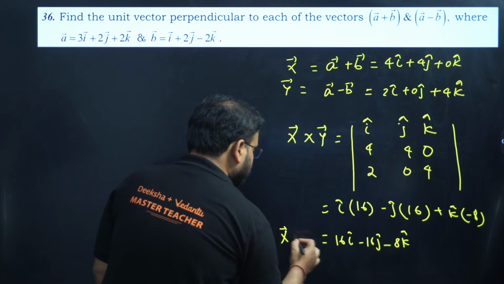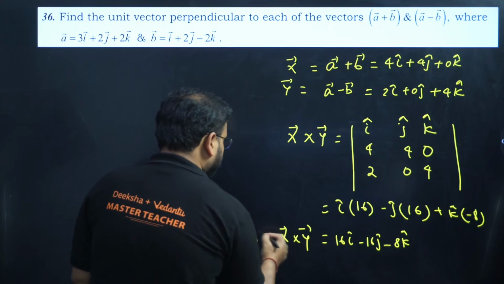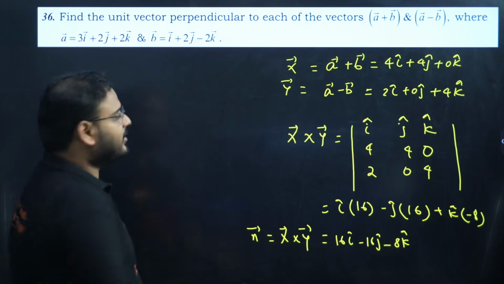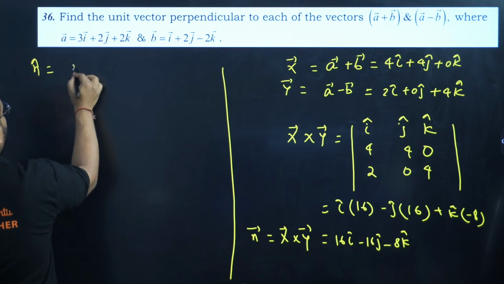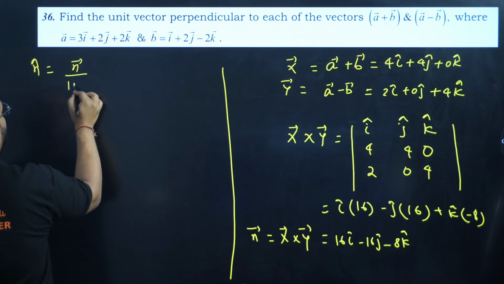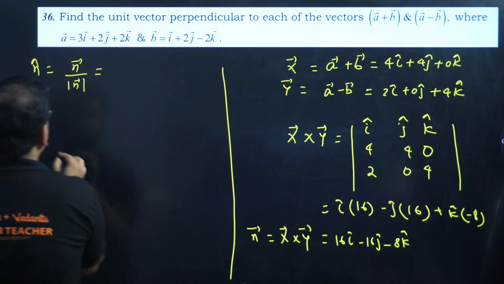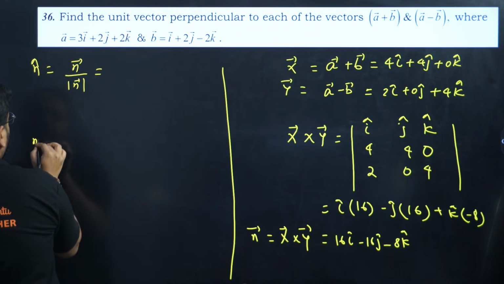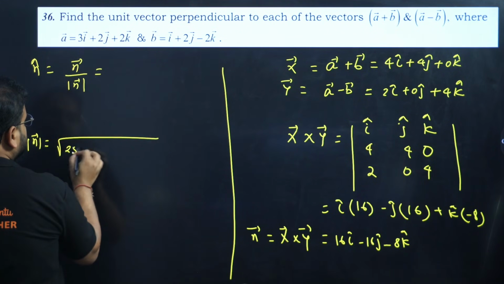of x cross y. Let's say x cross y is a vector n, so actually I'm looking for n cap. That will be vector n upon mod of vector n. So let's find mod of vector n then. Mod of vector n will be what? Square of 16, so 256.